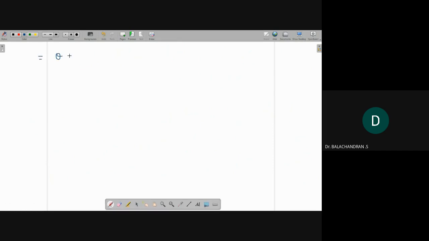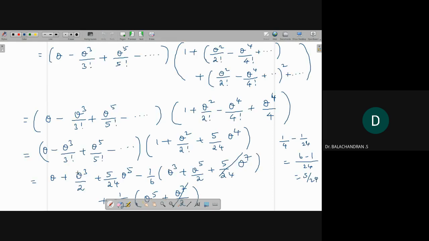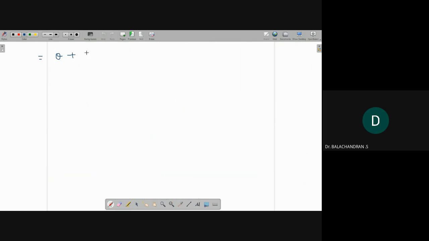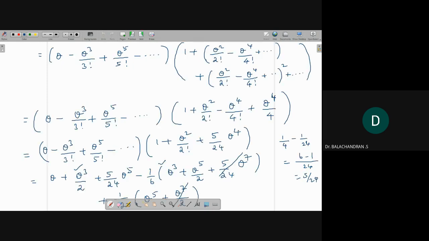So theta plus, what is the coefficient of theta cube? 1 by 2, 1 by 2 and minus 1 by 6. Plus, what is the coefficient of theta power 5? 5 by 24 minus 1 by 12. So please tell any one of them.